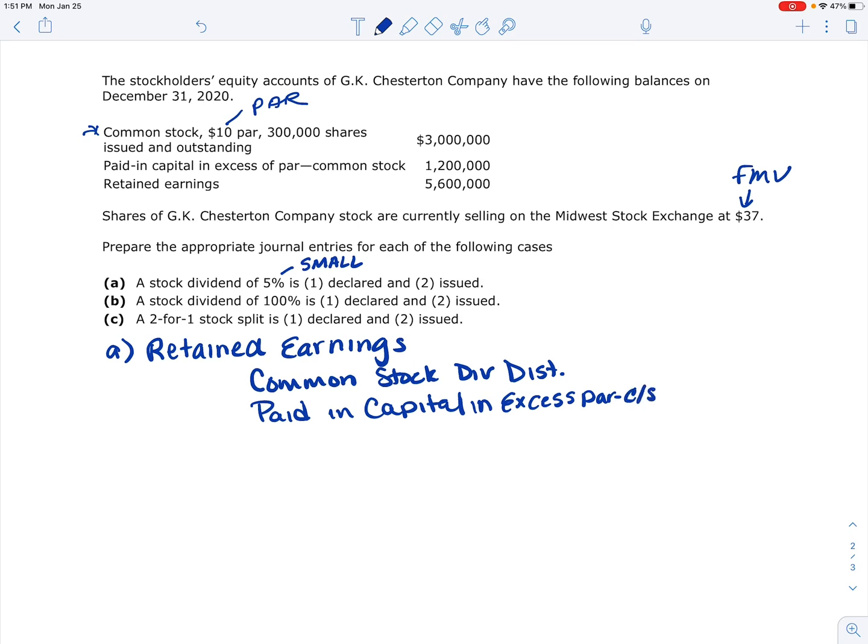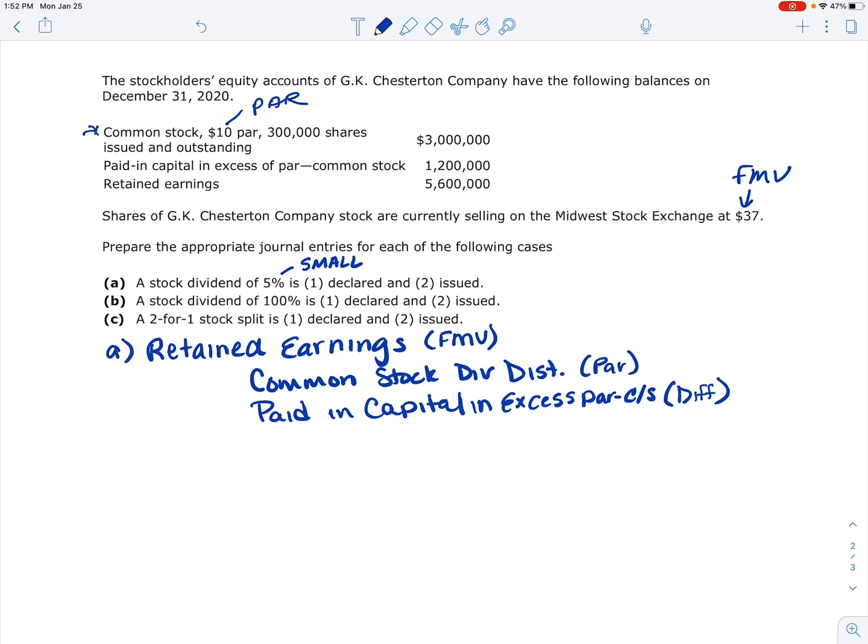Now we've got to figure out the amounts. Remember, retained earnings is fair market value on a small stock. Common stock distributable is par value, and the paid-in capital is the difference.